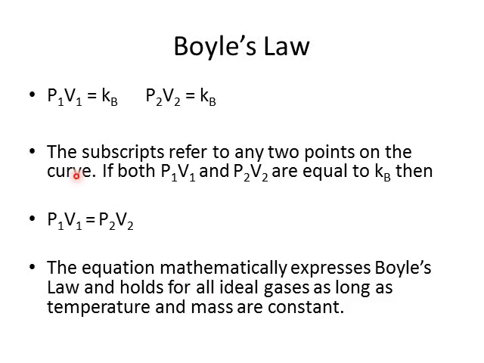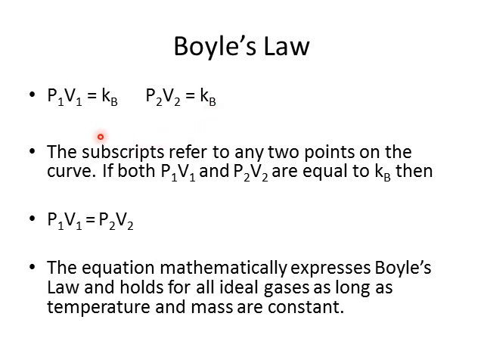So we picked our first set of points where we had a high pressure and a low volume, and what we find is there's a constant at which they vary. If I pick the second set of points where I had my low pressure and my high volume, it varied by the same amount. So we call this a proportionality constant, with K_B giving the symbol for Boyle.